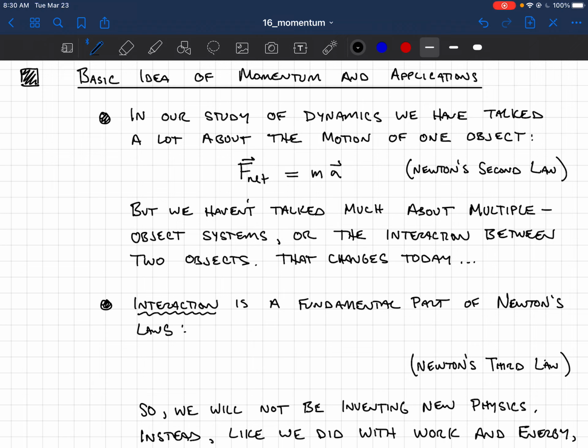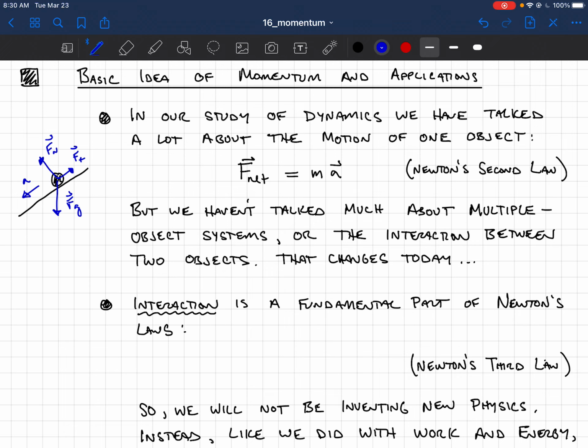So we talk about, like, an object that is sliding down a hill. We talk about the forces on that particle. So maybe there's normal, friction, and gravity. So we've talked about single particle motion quite a bit. We talk about how we find the acceleration of that single particle.